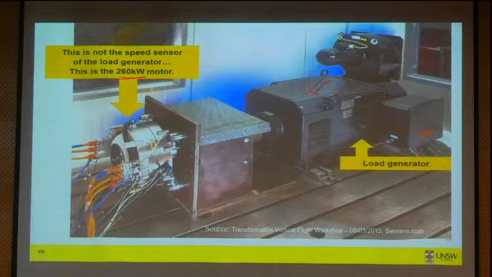So this is a load for this motor, and you can see the size difference. And this small one has high speed, I think 2,500 RPM or something like that. So this motor was developed for aerospace. See how small it is.